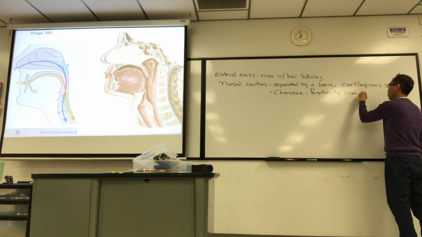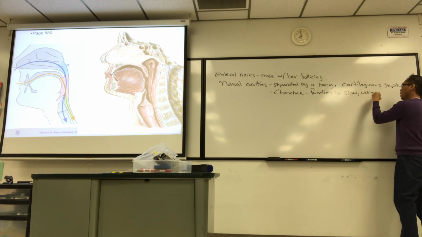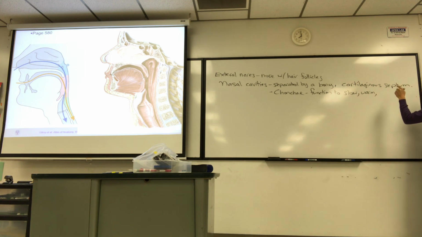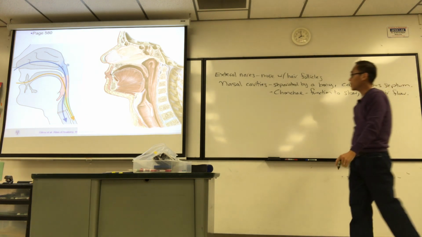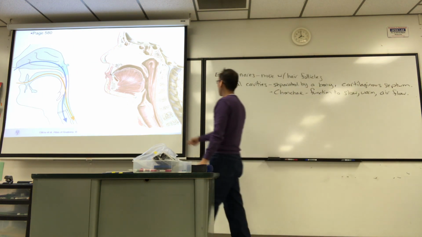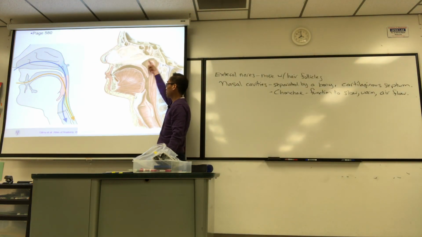Slow, warm, maybe not so much humidify, but at least slow and warm airflow. Air does get humidified as it gets deep into the lung tissue. But after the conchae, you exit the nasal cavities through the internal nares and you get into the pharynx.